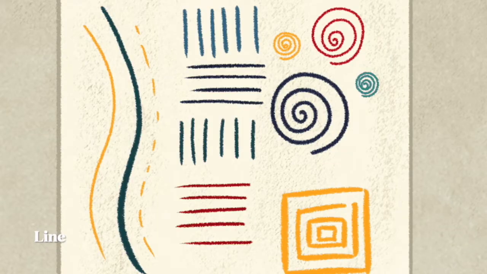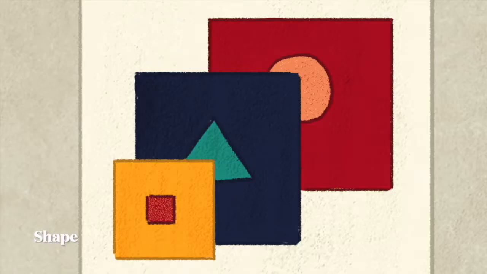Now, line is pretty self-explanatory, but it's how the artist uses line in the art. Shape is also self-explanatory. This would be more of a flat shape, so shapes that you're painting. Different from form in that form's three-dimensional, shape is more two-dimensional.